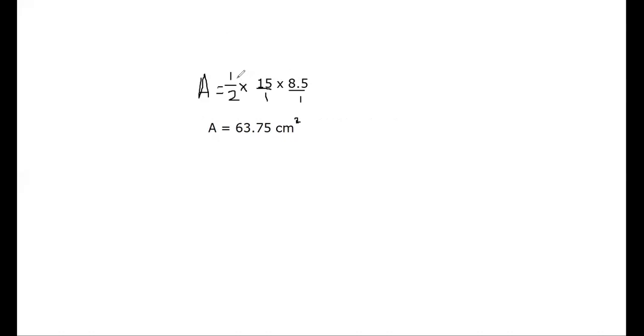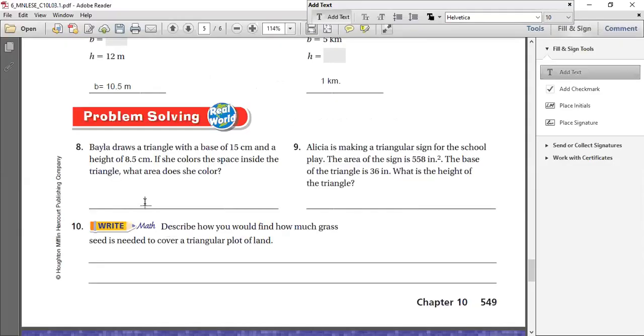Either you multiply 15 by 8.5 and divide it by 2, or you solve half of 15, that's 7.5, multiplied by 8.5, which will also give you 63.75. So your answer for this question has to be 63.75. So the area is going to be 63.75 square centimeter, because I cannot do that, I'm writing it like this.